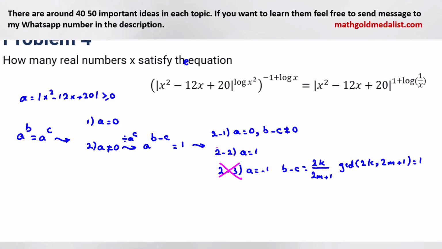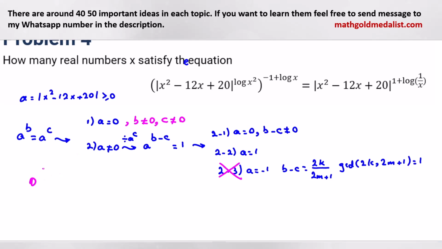But let me tell you something. Here, because we said a is 0, b minus c shouldn't be 0, do we need to check case 2, 1? Because if a is 0 here, we know that b shouldn't be 0, c also shouldn't be 0, okay?